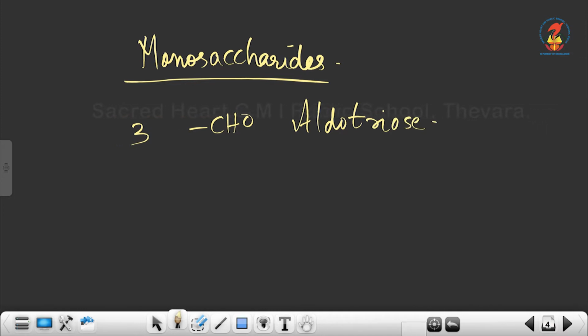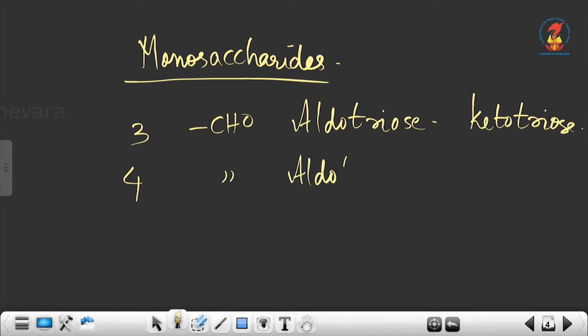And if a ketone group is present, we can call it ketotriose. Now, if the number of carbon atoms is 4 and the functional group is aldehyde, then we call it aldotetrose. And if ketone is the functional group, it is called ketotetrose.